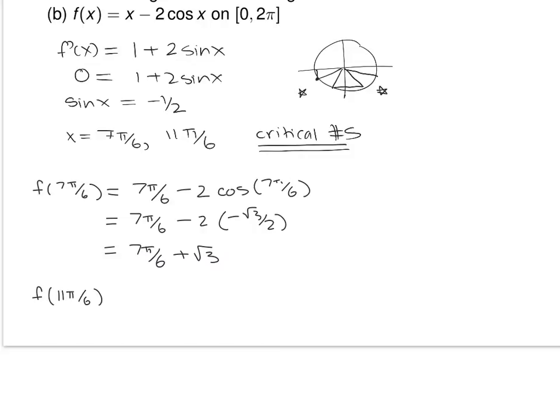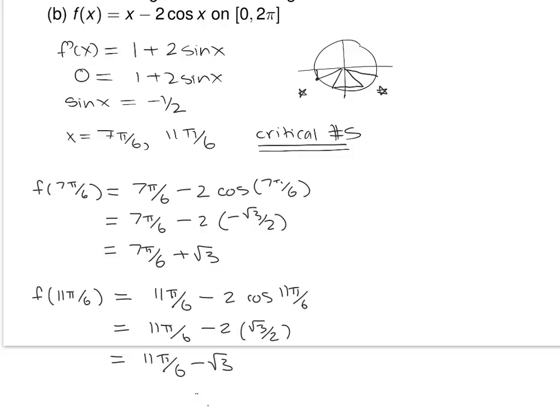It just happens to be a disgusting y. 11 pi 6 will be 11 pi over 6 minus 2 cosine 11 pi over 6. The only difference is that instead of negative root 3 over 2, it's positive root 3 over 2. So that's 11 pi over 6 minus root 3.